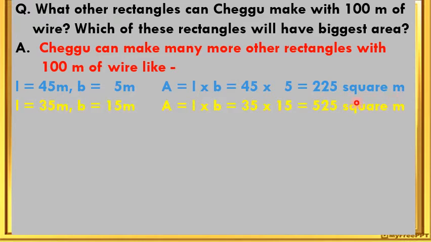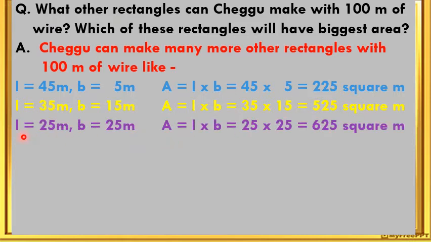Second one, suppose if length is 35 meters and breadth is 15 meters, that is 35 plus 15 plus 35 plus 15 forms 100 meters long wire. Area is length multiplied by breadth, that is 35 multiplied by 15, we get 525 square meters.